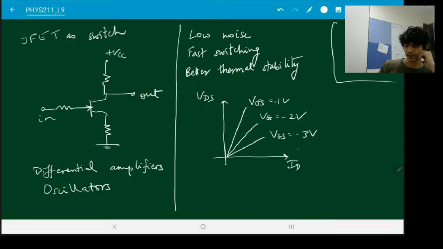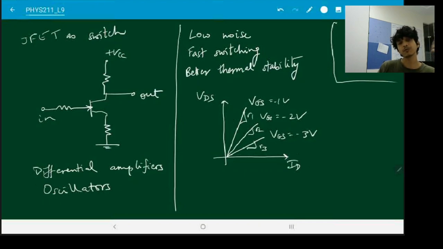So if you change the value of VGS, you get a different slope of the VDS versus ID curve, which means that your FET is acting like a resistance. So R1, R2, R3. So you can treat it as a resistance.